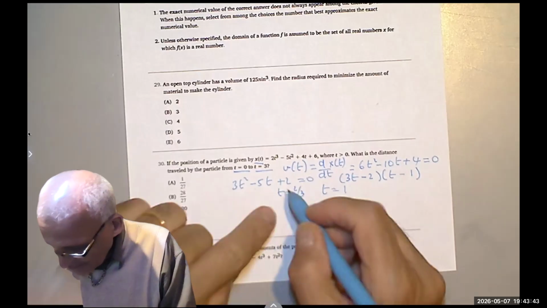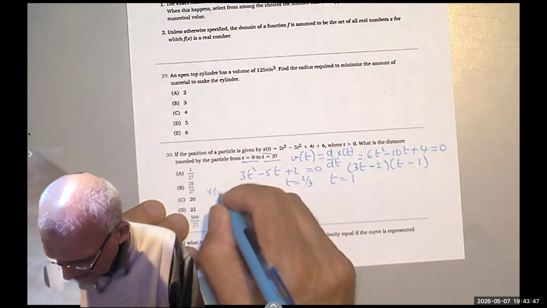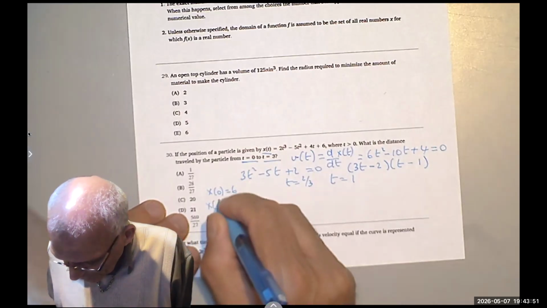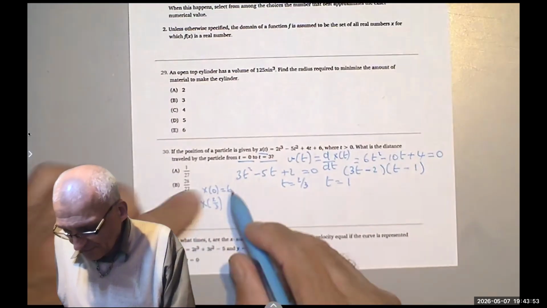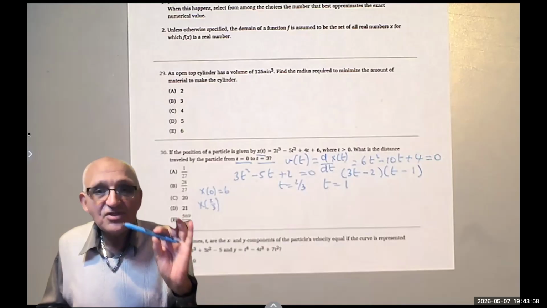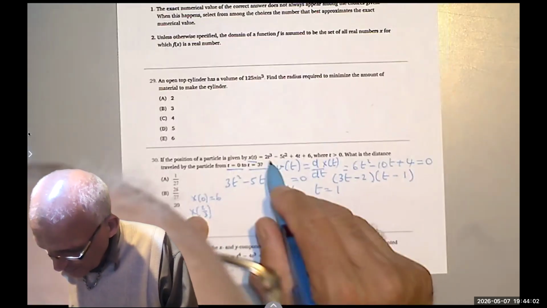First, I calculate x of 0, which is 6. Then I get x of 2/3, because from 0 to 2/3 the particle is moving in the same direction, and then it will stop at 2/3. What is x of 2/3?